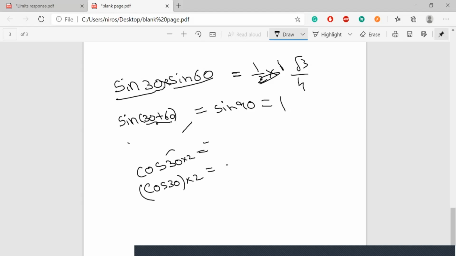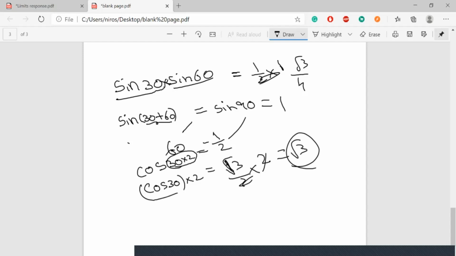What is the value for first and second one? Sir, is the first one 1 by 2 and second one 1? I mean, because cos 30 into 2 is cos 60, right? Cos 60 is 1 by 2. Then the second is cos 30 into 2. Cos 30 is root 3 by 2, into 2. Yeah. So the answer is root 3. Okay.